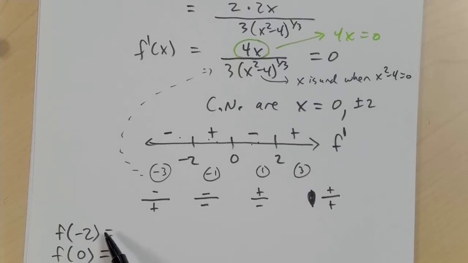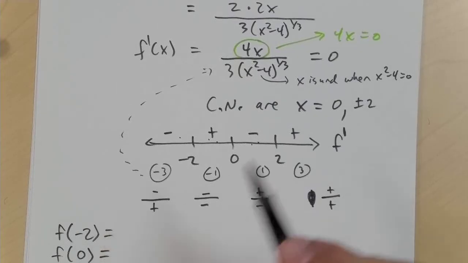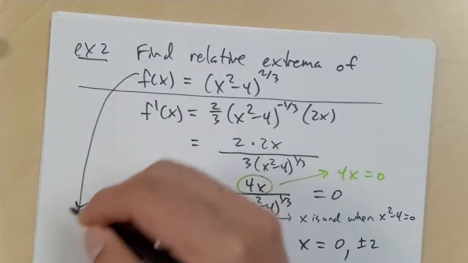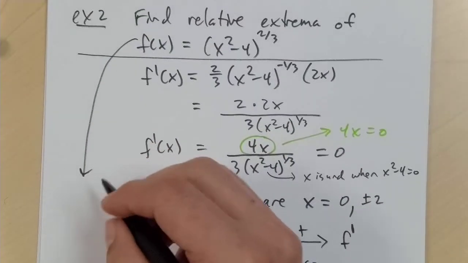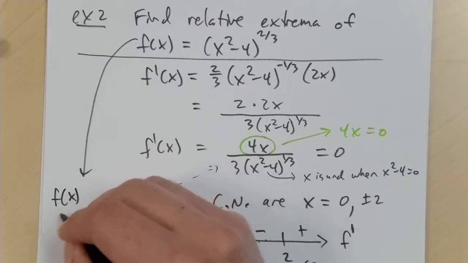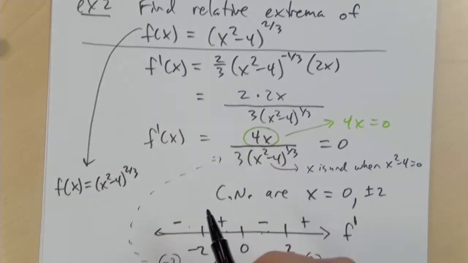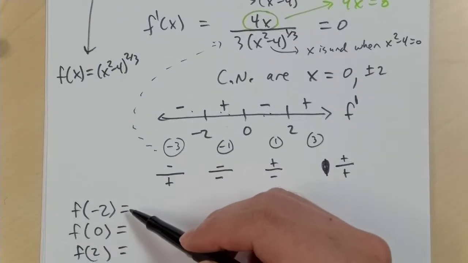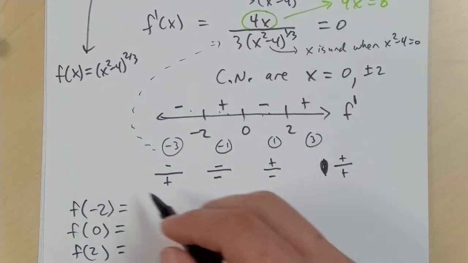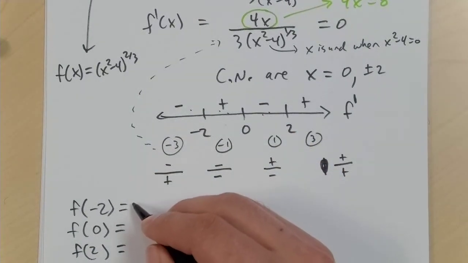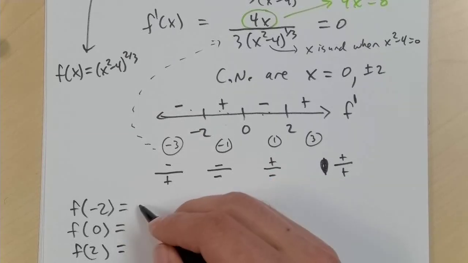Well, at -2, if I go back and plug it in, right? So I'm just going to write this down here so we can see. So here's the original function. If I take -2 and plug it in, we're going to get 4 minus 4, which is 0.